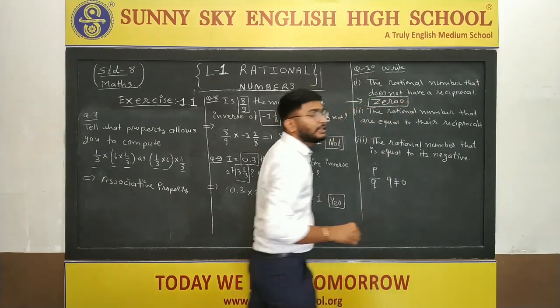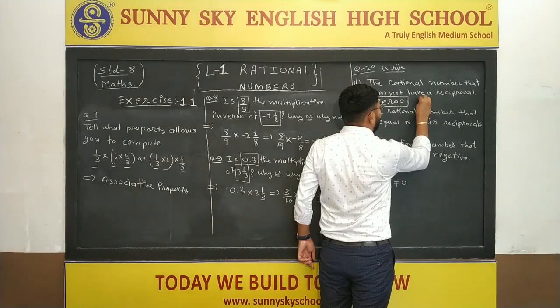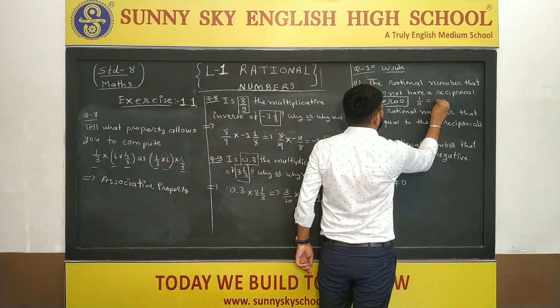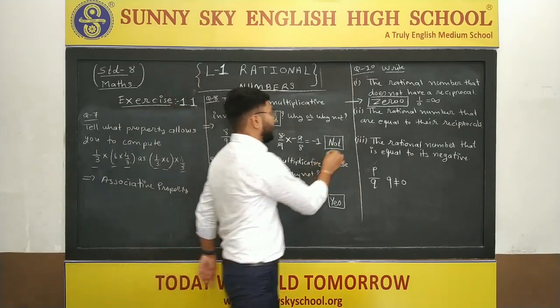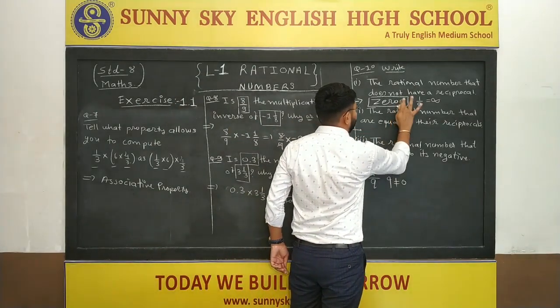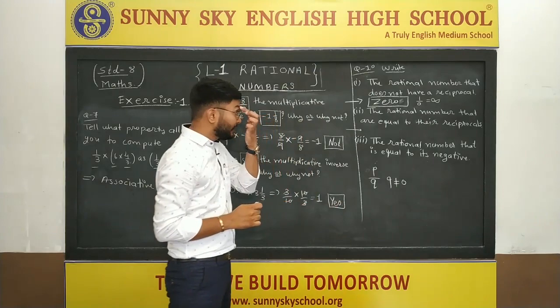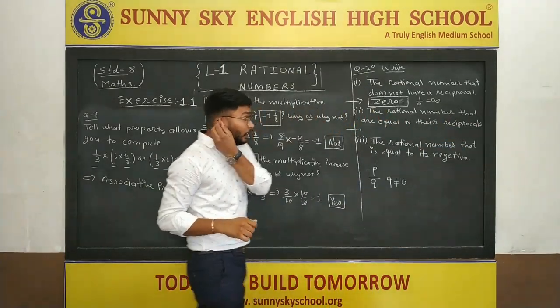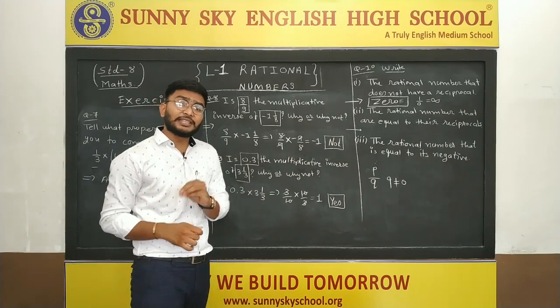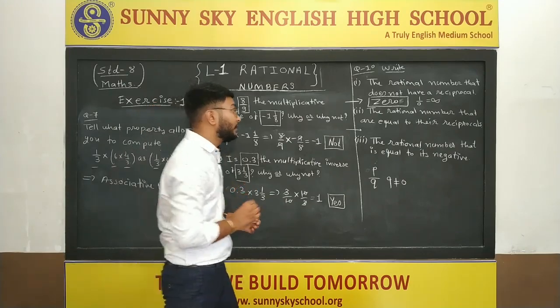If you find the reciprocal of 0, then what answer is coming? 1 upon 0. It is not possible. Therefore the answer is 0. See the second question: the rational number that is equal to its reciprocal. Yes, the number and its reciprocal, both answers are the same.